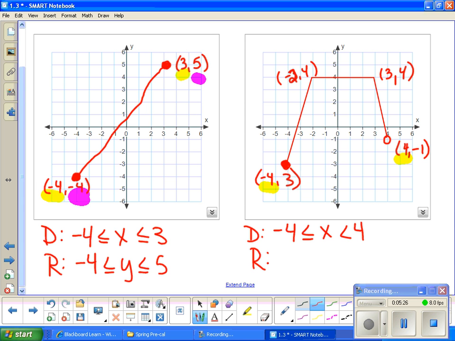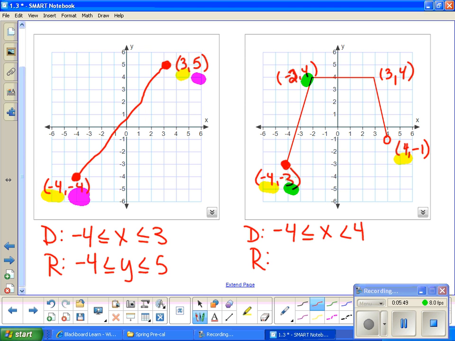The range is a little tricky. I don't use the two endpoints for my range here. In this case, for my range, I'm looking at my lowest y and my highest y.